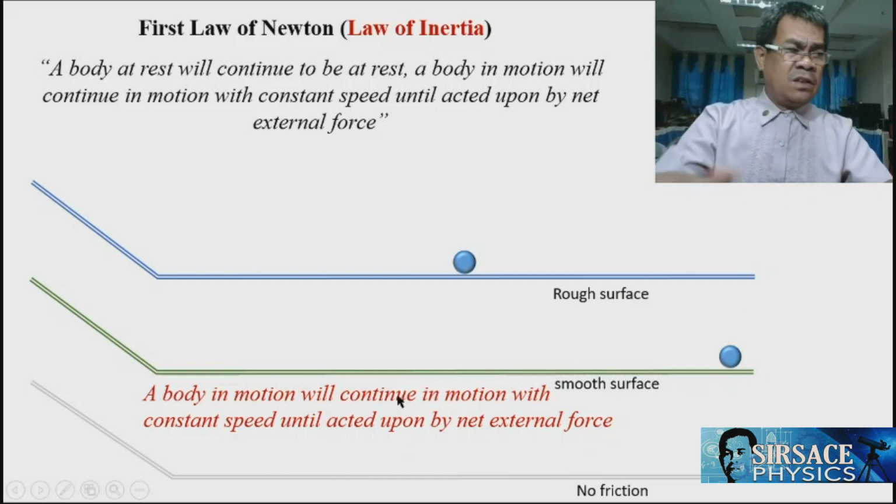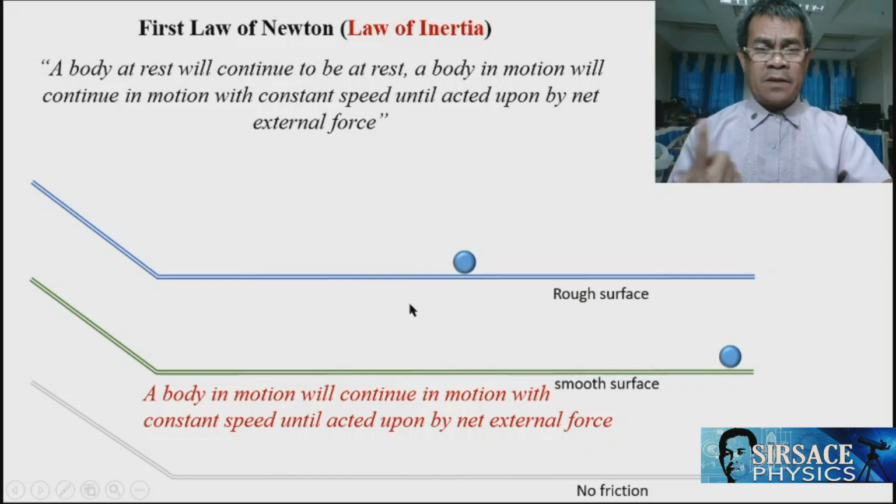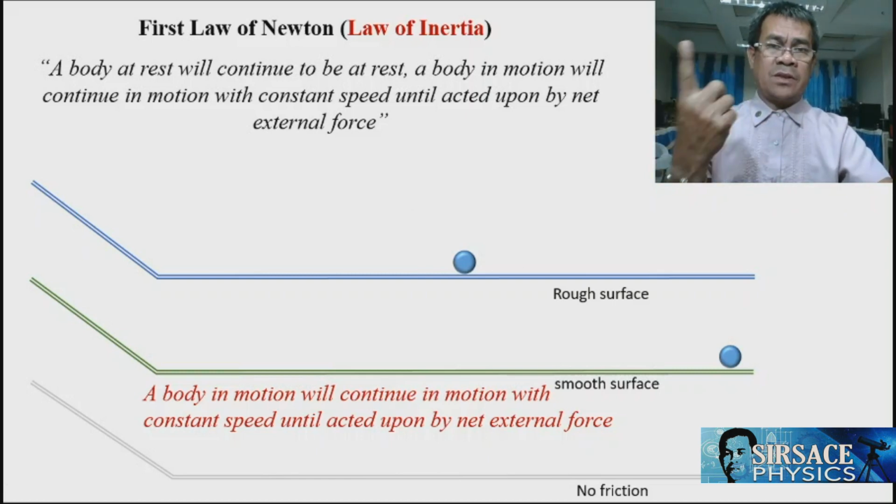So what are the evidences of this law? What are the examples? Example is, remember that the moon rotates around the earth at a constant speed and it won't stop until now.